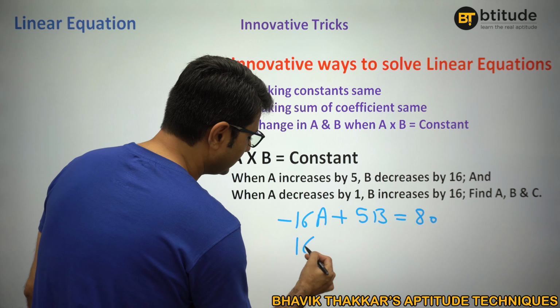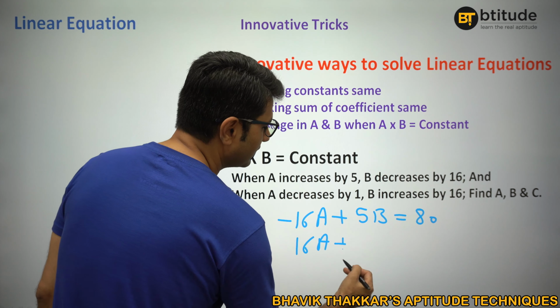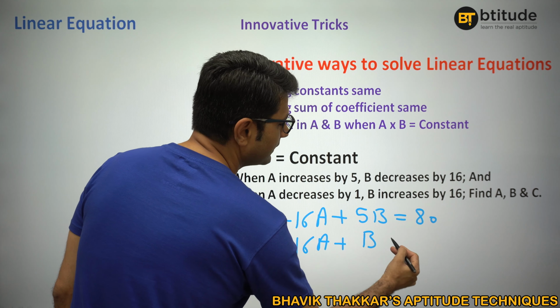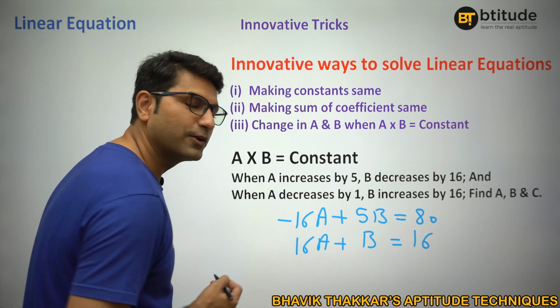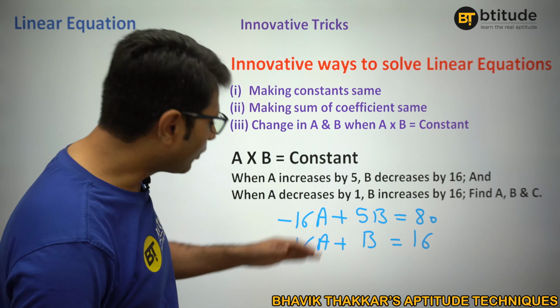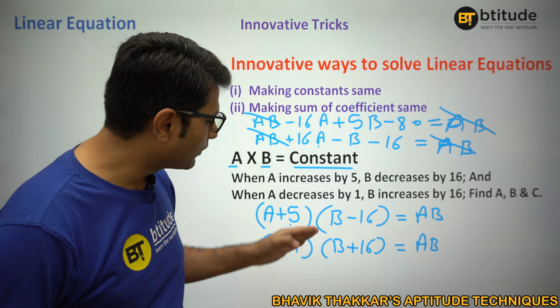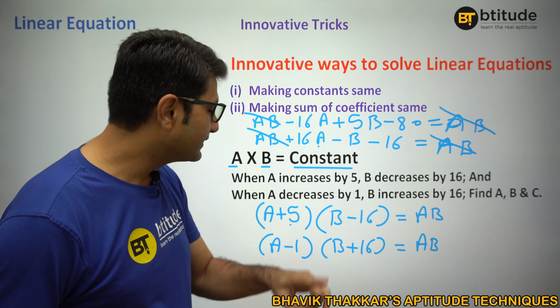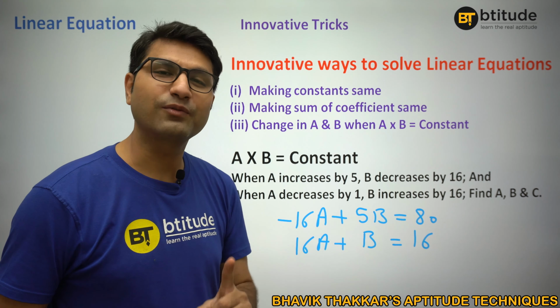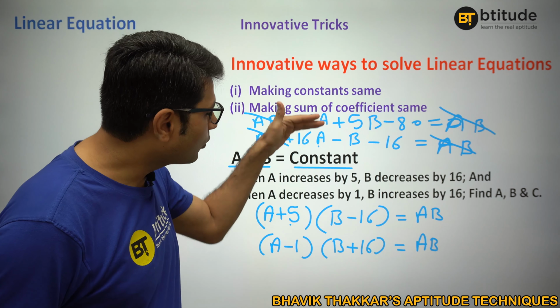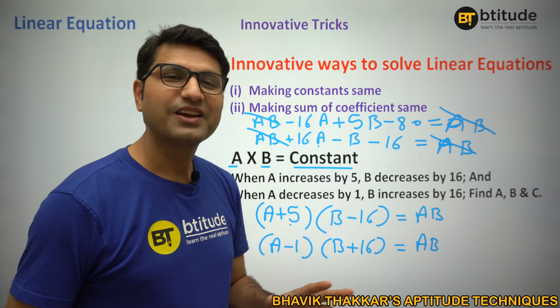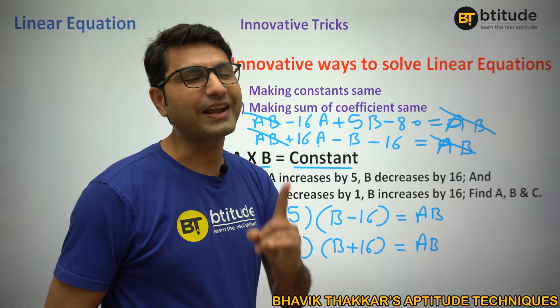So, 16A plus B is equal to 16. Are you getting this? Fine. And now of course you can solve this equation. But think about the effort that you had to go through, 1, 2, 3, 4 lines, and then you came up with the normal equation, right? So these 4 lines that you are using are a waste of time, for that I am giving you the trick.